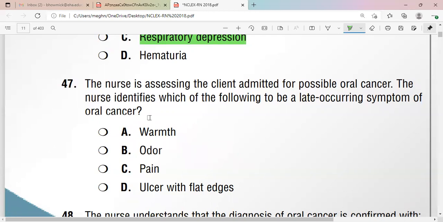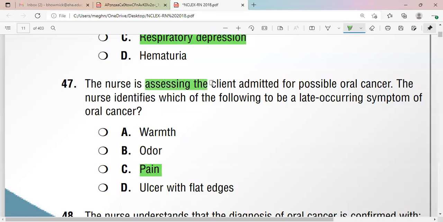Number A, warmth; number B, odor; number C, pain; and number D, ulcer with flat edge. So answer C is correct, right? Pain is the last sign of oral cancer.